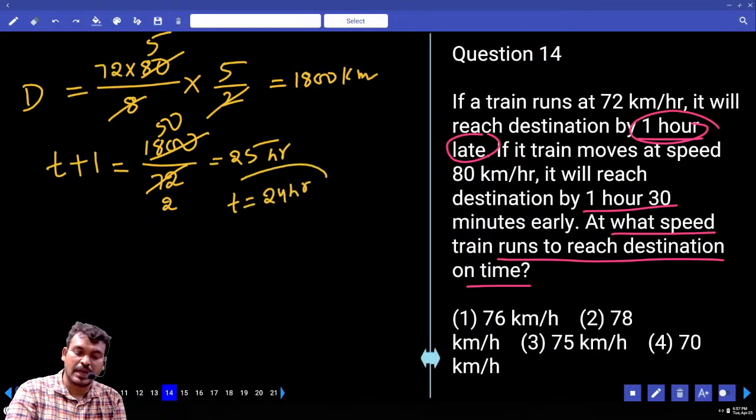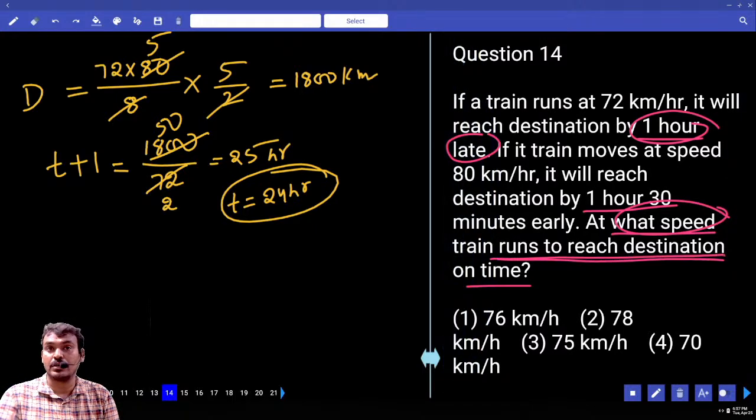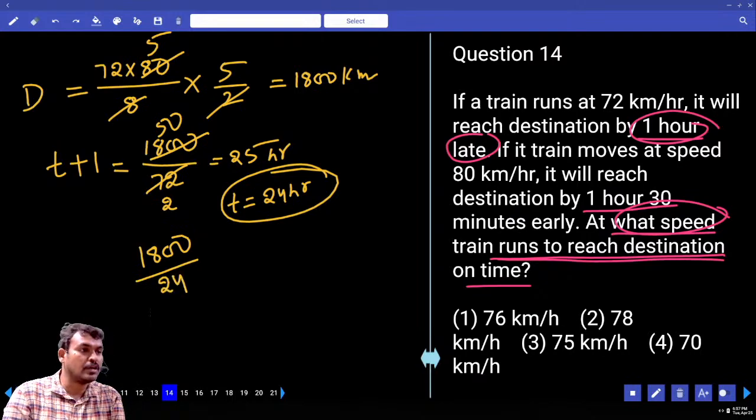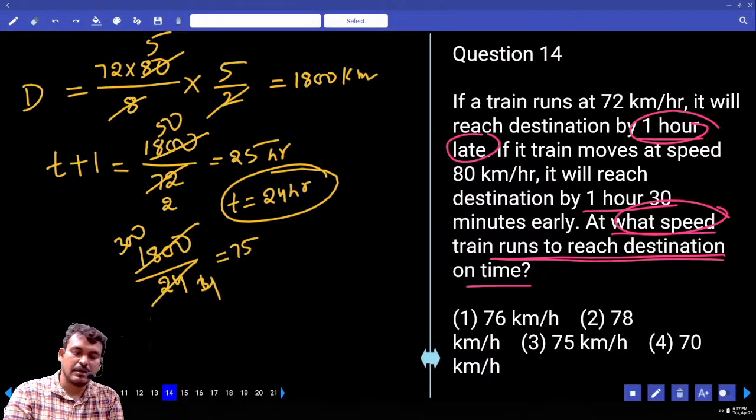Means actual time is how many hours? 24 hours. What is the question here? At what speed train runs to reach the destination on time? Means the same 1800 kilometers is covered in how many hours? 24 hours, sir. Then we get the original speed, 6 how many times? Denominator 4 times, numerator 300. 300 by 4, 75.